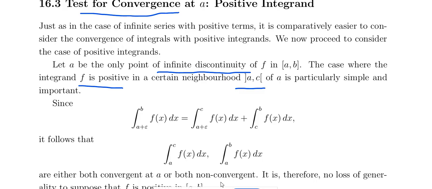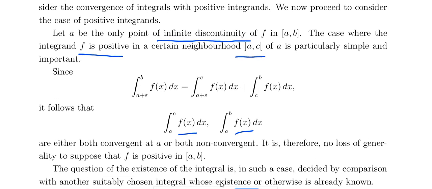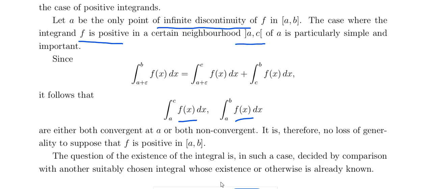The integral from a to a plus epsilon to b of f of x dx, so integral a plus epsilon to c of f of x dx and integral c to b of f of x dx, so integral a to c and integral a to b are either both convergent at a or both non-convergent. Therefore, without loss of generality, suppose f is positive in the interval a, b.